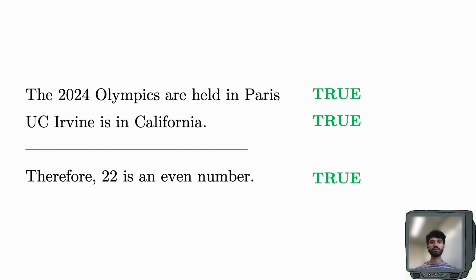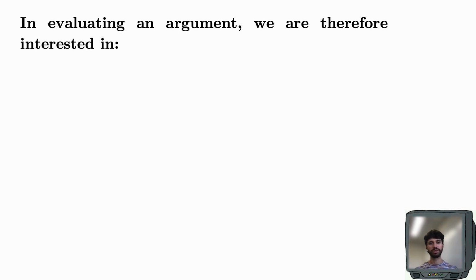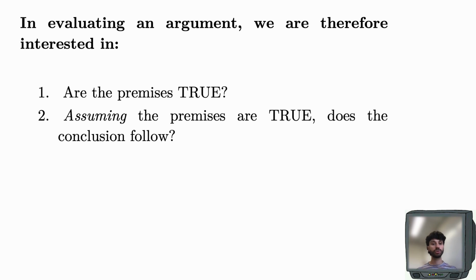Intuitively, there seems to be a fundamental lack of connection between all these statements. So in evaluating an argument, you might be interested in the question of, are the premises true? Or the question of, assuming that the premises are true, does the conclusion follow?